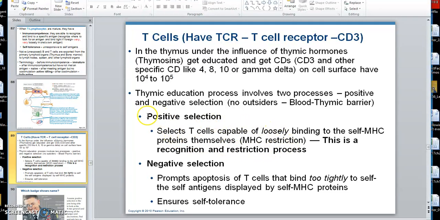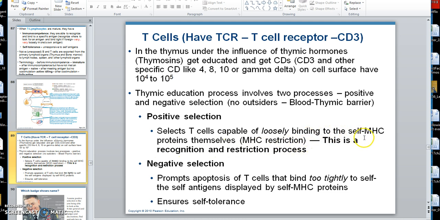All right. Let's start with positive selection. Positive selection is where the developing T cells, using their T cell receptors, look around on the thymic cells that are there, cells of the thymus, and look for the proper name badge on a cell.